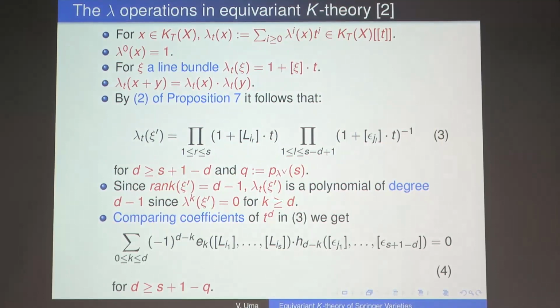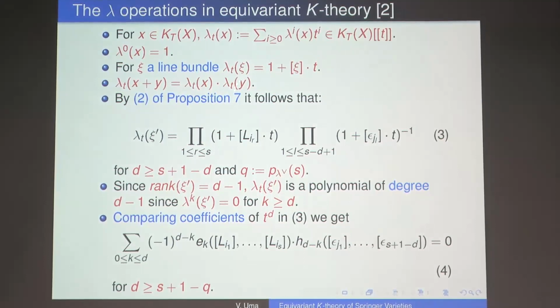Whenever it's more than the rank, it will be 0. So these are lambda operations. And this satisfies this property that lambda naught is 1. And if you have a line bundle, lambda_t is just a polynomial of degree 1, as we have seen. And lambda_t of x plus y, this is very important for the relations, is lambda_t of x times lambda_t of y. It's multiplicative.